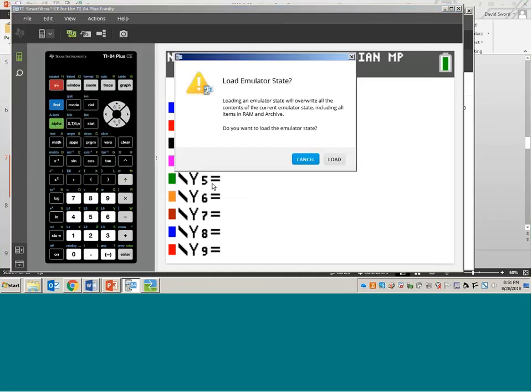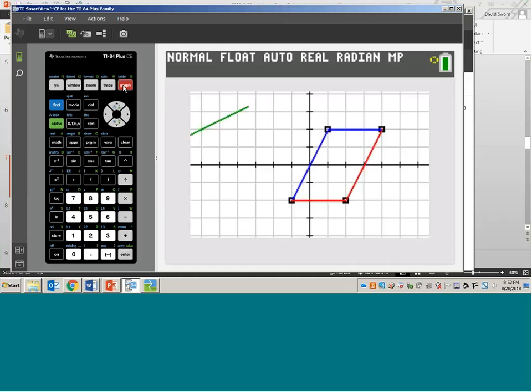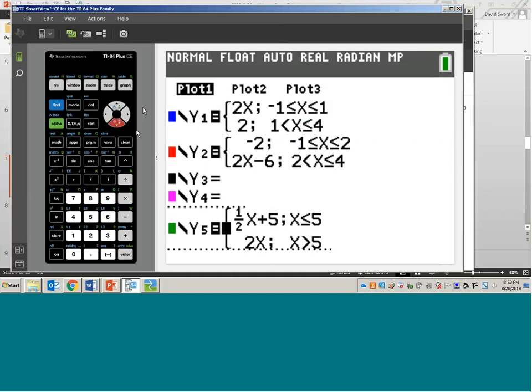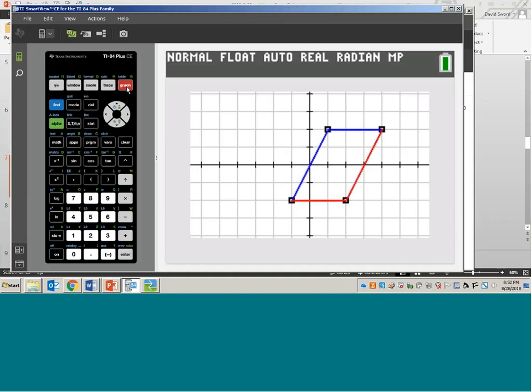What is this activity? Well, this is an activity that allows me to explore piecewise functions as it relates to a challenge of creating a graph that is a piecewise function that matches a parallelogram. Building this activity from scratch is also nice. How did we do this?